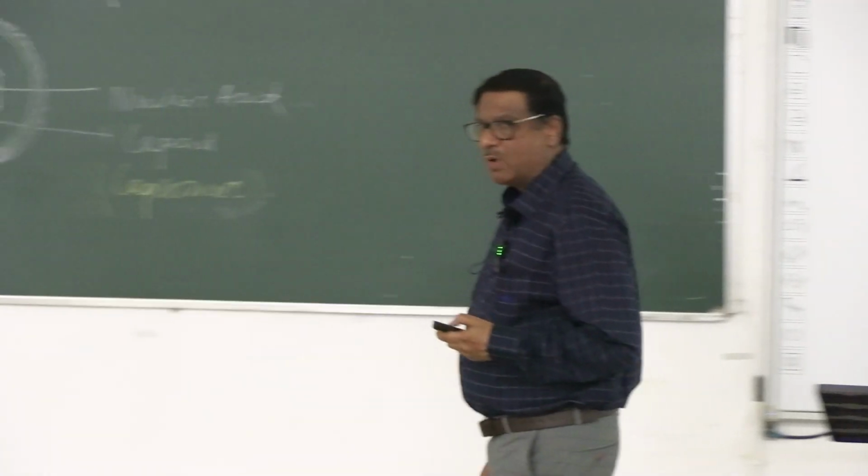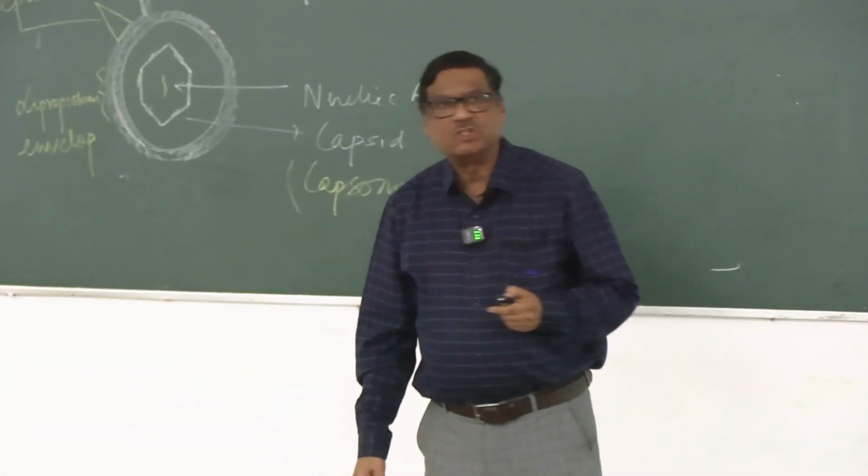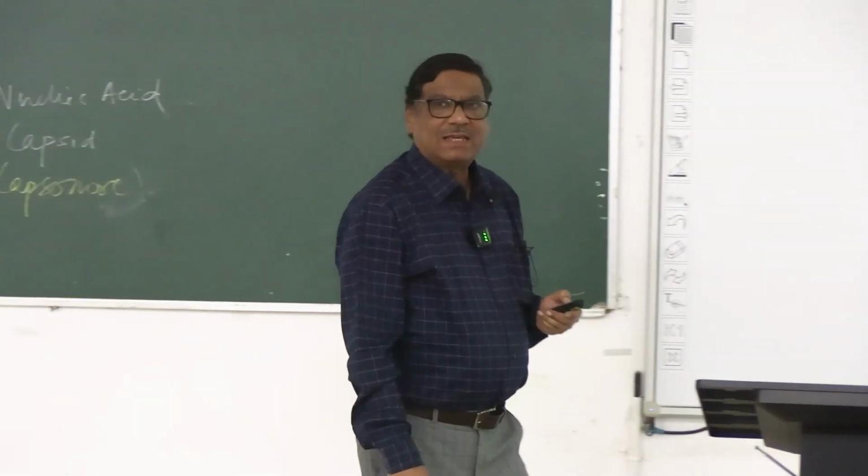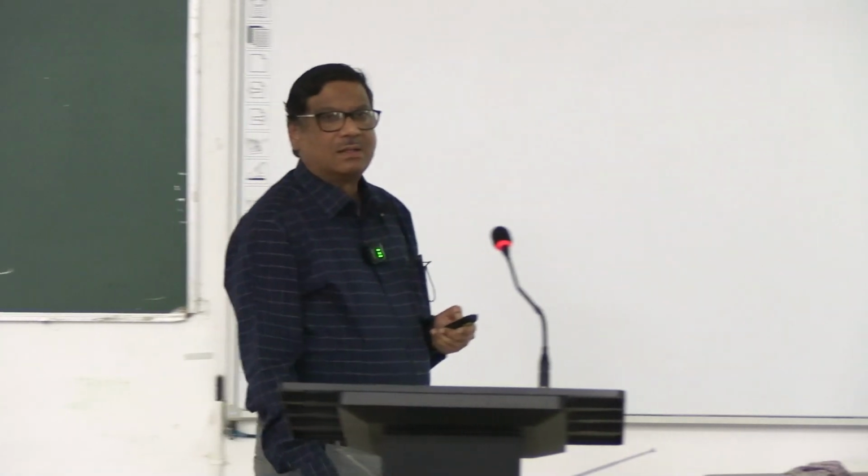In the case of HIV, this peplomer is GP120. And in the case of influenza virus, the peplomers are hemagglutinin and neuraminidase. They are the binding molecules. It binds with the specific tissue or specific cell of the host.